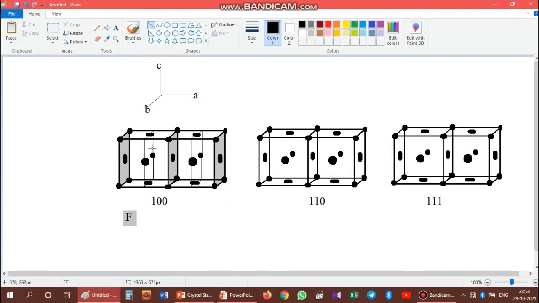So these 2 are the lattice points. Now shade it. I am just shading it, just filling the color. When you do it manually, you can do like this one line, this is another line, this is another line.